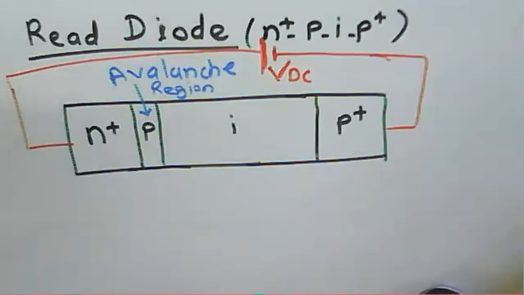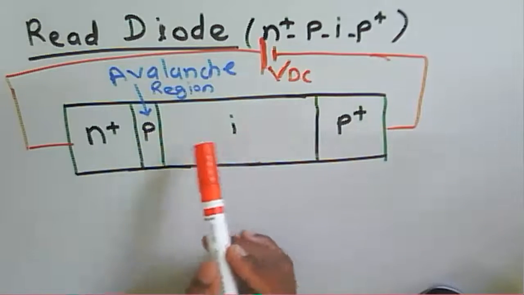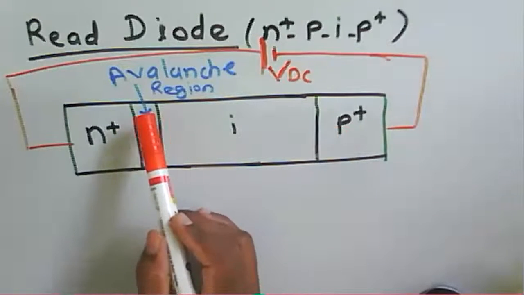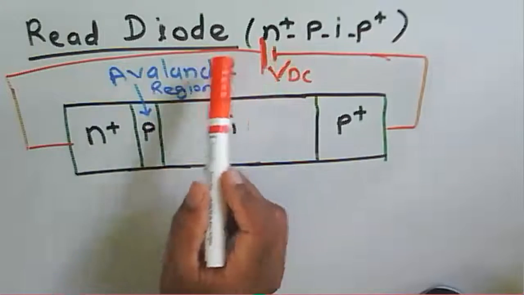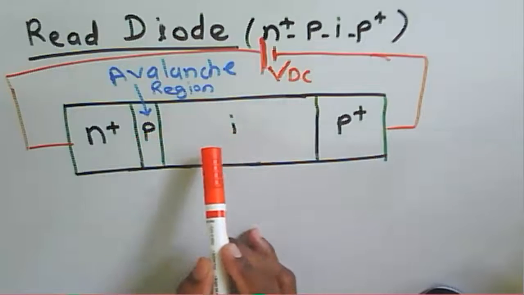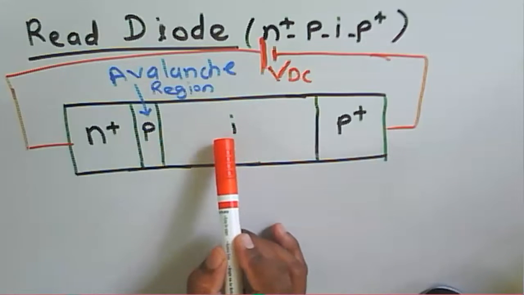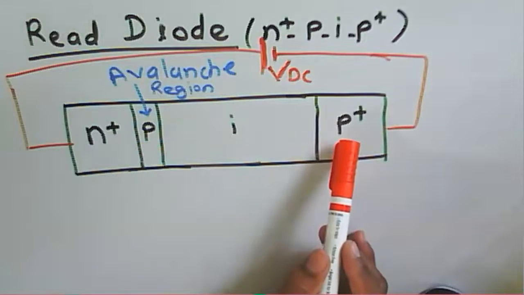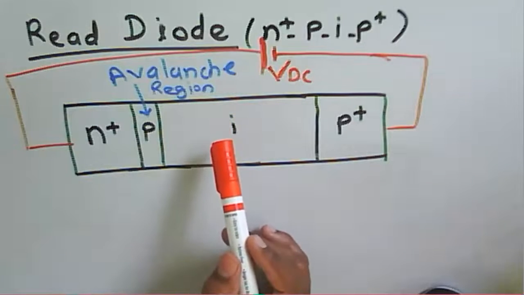The holes are generated because of a higher supply voltage, and they move through this intrinsic region, the I region, toward the P plus region. So this I region is called the drift space region.